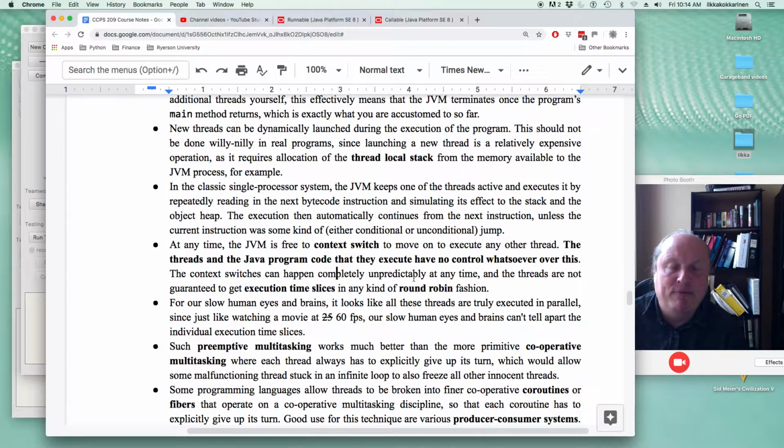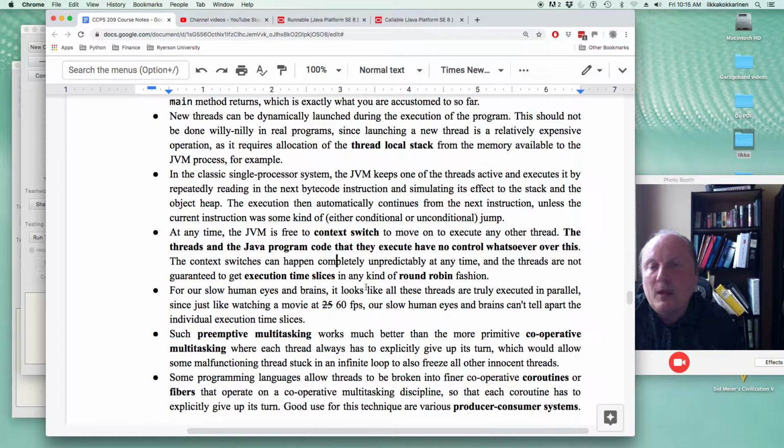This is the same way if we go one level lower. In your operating system, the processes are in the same role as the threads inside this Java virtual machine process, and the operating system decides how much each process is executed.